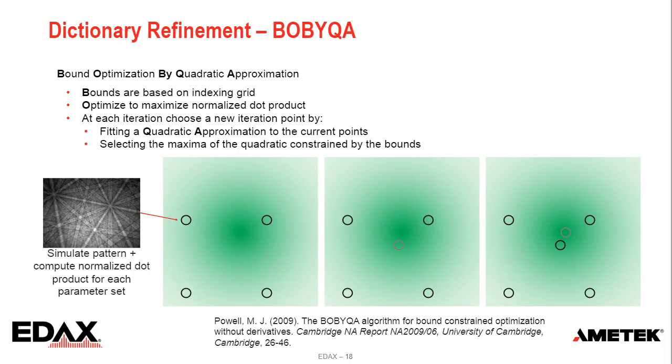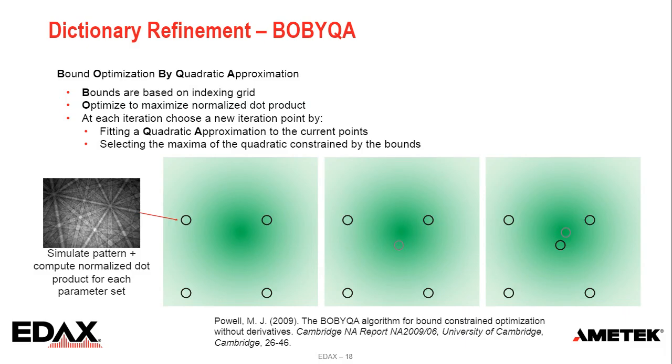And the idea is that you take the points you have near the peak, fit them with a quadratic, use the quadratic fit to say, here's where the local minimum of that quadratic is. That should be close to our actual minimum. Evaluate the orientation at that point.